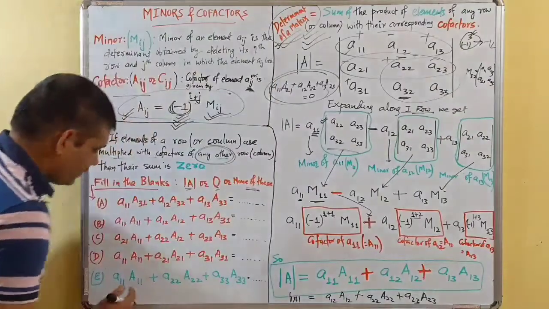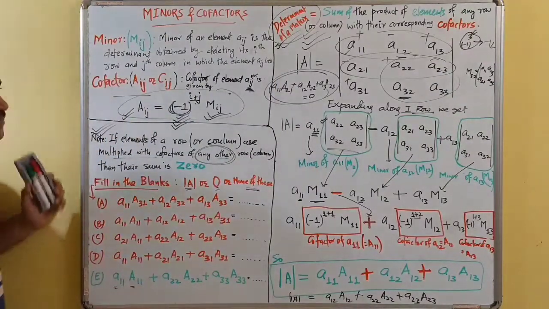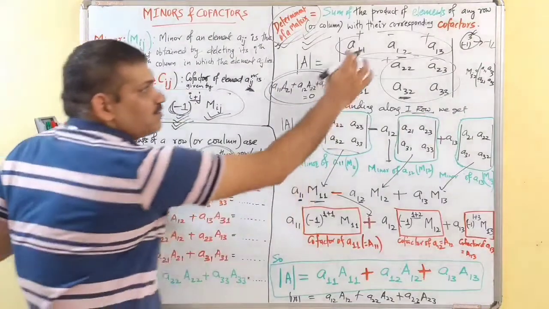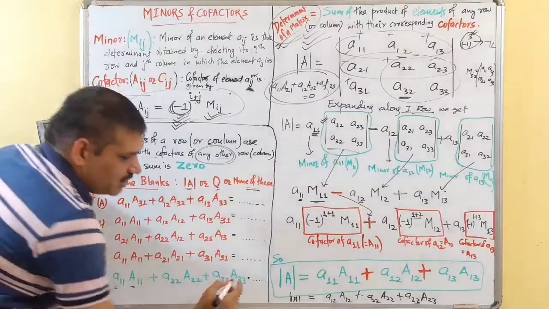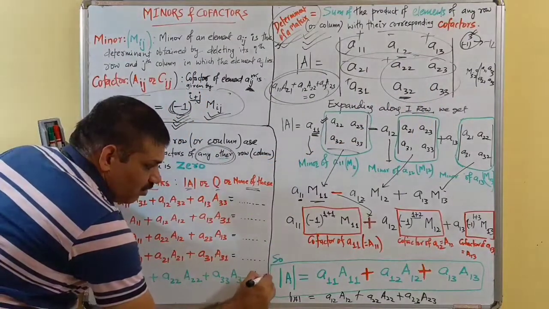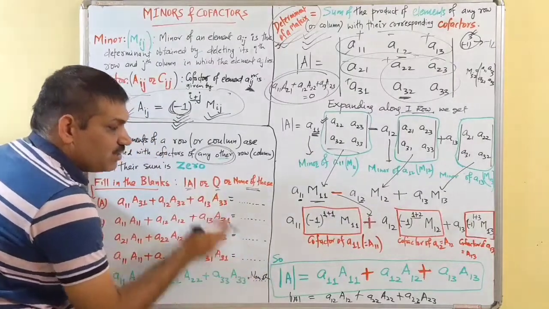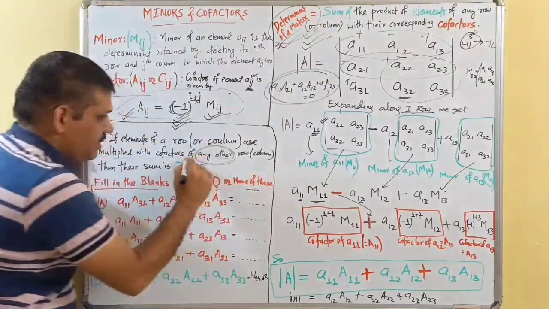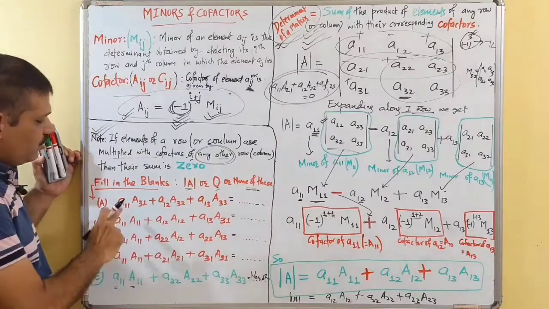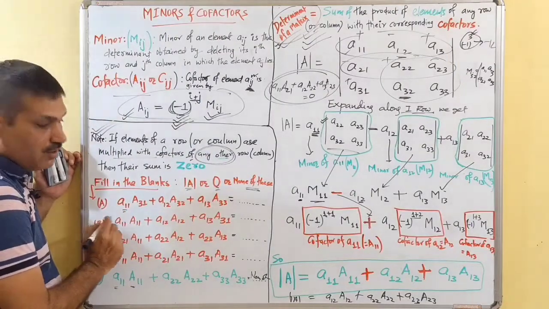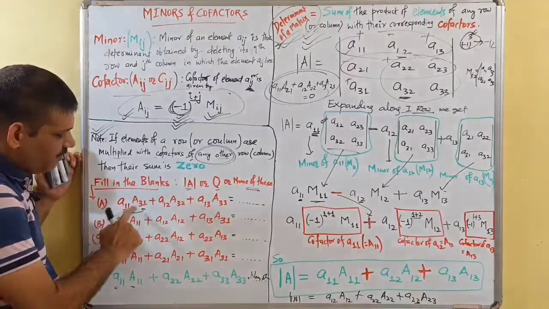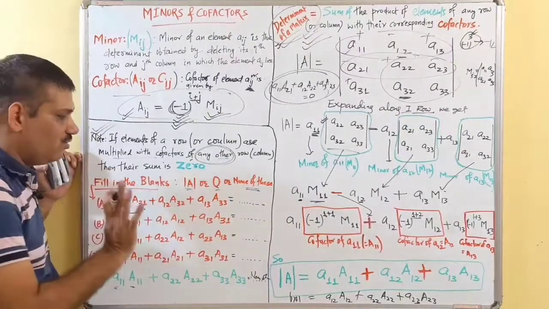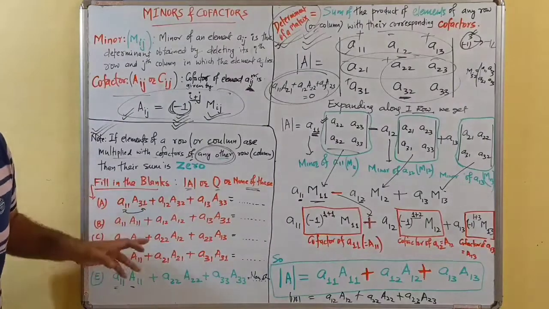So A11 multiplied by capital A11, A22 by capital A22, and A33 by capital A33 is none of these; it is neither equal to the value of the determinant nor 0. Now we talk about this. Is A11 multiplied by its corresponding cofactor? No, here 11 and 31, so it is not. But let's check whether it is 0 or not.